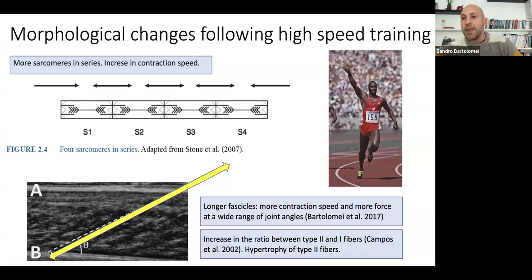However, the intermediate fibers, the 2A, can go more toward power or more toward slow contraction and endurance activity, because they can change their characteristics a little bit. They can be adapted more toward maximum strength and power, or more toward endurance events, in relation to the stimulus, in relation to training.